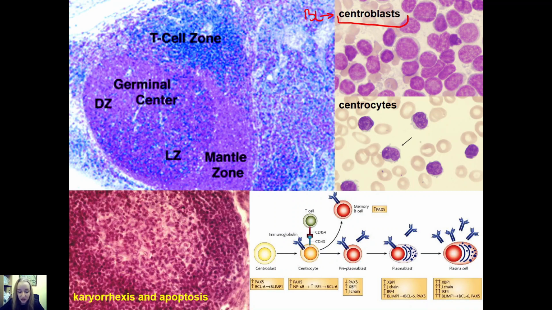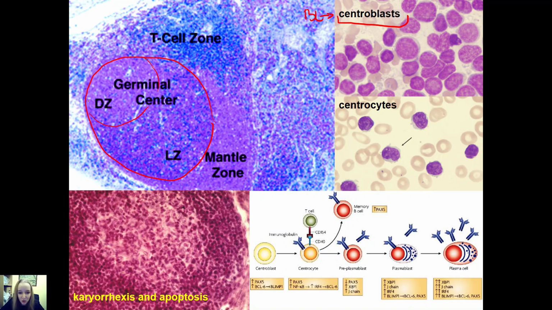And they create something called a dark zone over here. So this whole structure over here is a germinal center inside the secondary follicle. And these centroblasts are in something called a dark zone. It's labeled with DZ over here.